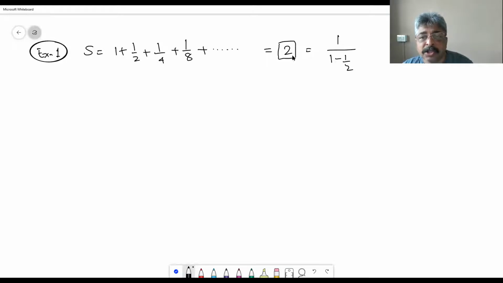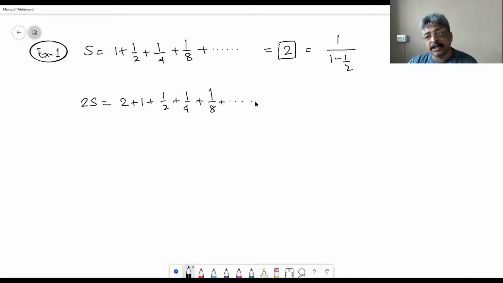But let me show you another method of doing this. What is 2s? 2 plus 1 plus 1/2 plus 1/4 plus 1/8. Yes or no? 2 times s is this much.